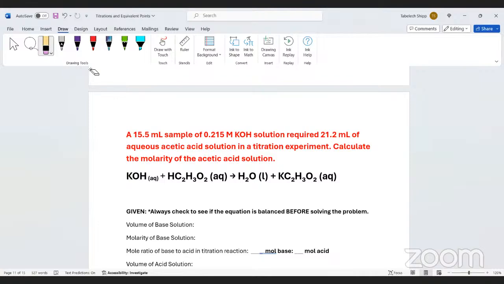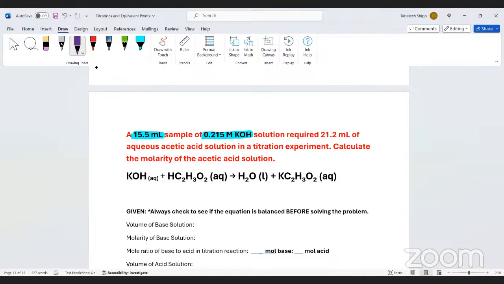So in this particular problem here, we've got potassium hydroxide, which is the base, okay? So they gave you 15.5 milliliters of 0.215 molarity potassium hydroxide. So because I already know that those two are bases, or information associated with the base, I'm going to fill in my chart.